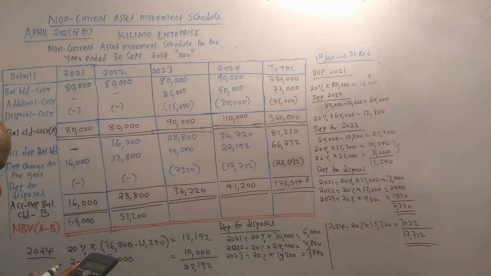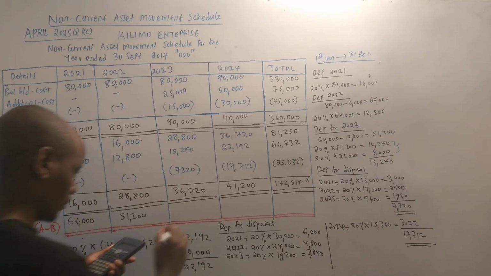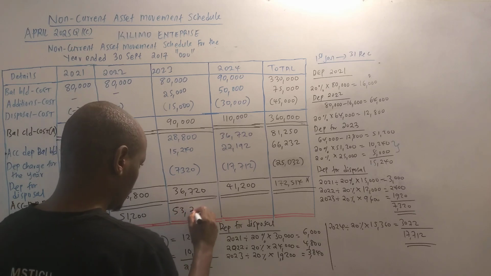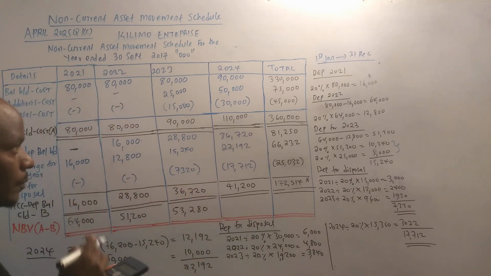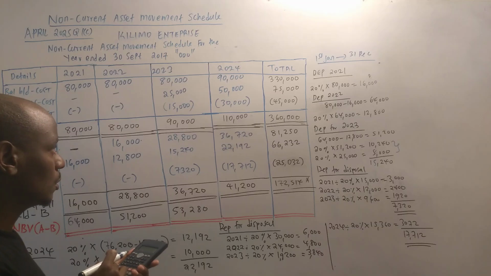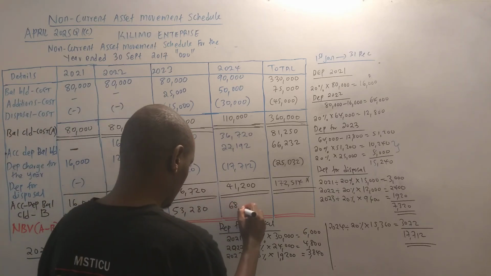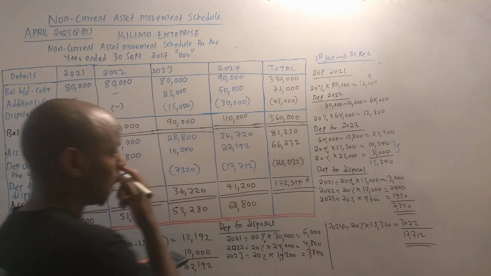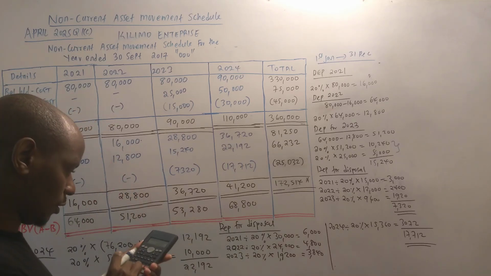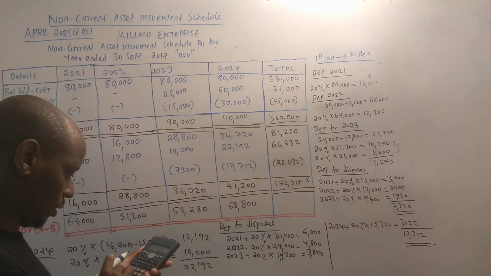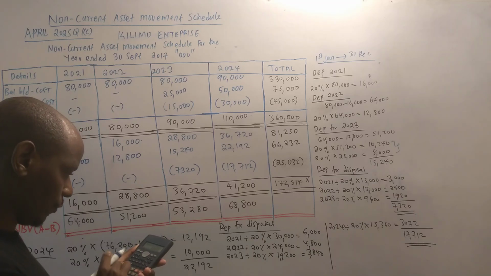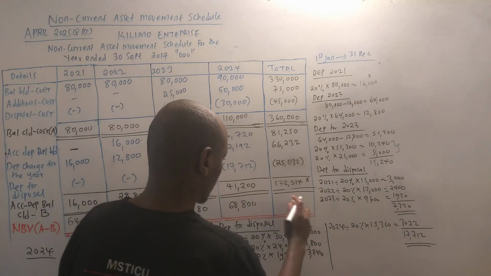Then 90,000, A minus B: 90,000 minus 36,720, that's 53,280. Then 110,000 minus 41,200, that is 68,800. Then you have 360,000 minus 172,514. Supposed to give us 184,187.